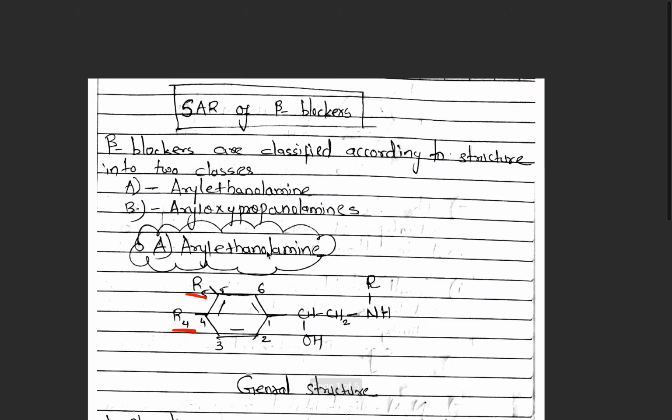You can see the structure of isoprenaline. Here the hydroxy group is substituted. Okay. Then moving to the second point. In the second point, there is a substitution of a chloro group at the fourth and the fifth position, and it will give an antagonistic activity.